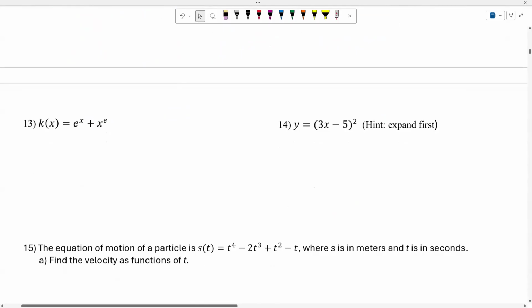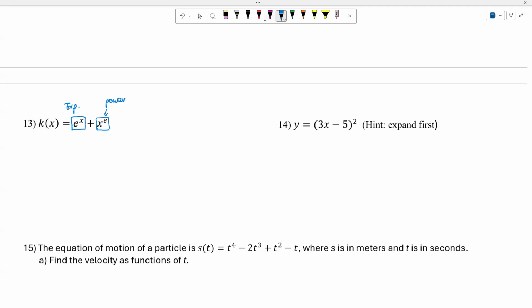Then now let us look at number 13. e to the x is an exponential function. But what is x to the power of e? This one is a power function.